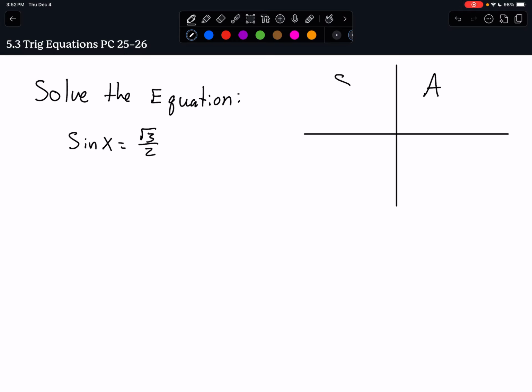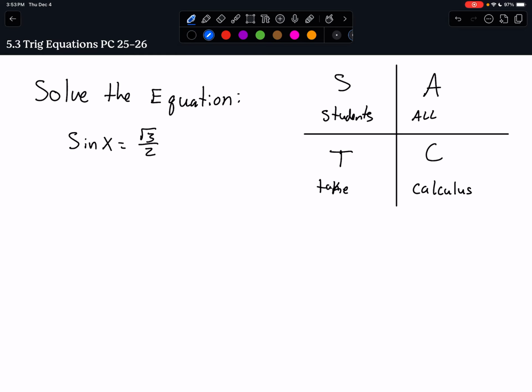Okay, so I'm going to have an A, S, T, C. And the words that represent those are: all students take calculus. Okay, there's my acronym.